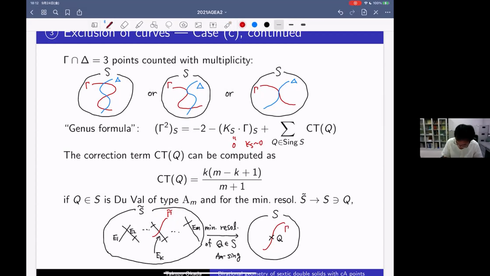This here is gamma, sorry. And if Q is of type A_M, and for the minimal resolution gamma tilde intersects only transversally at the E_K, in this case we have this computation.